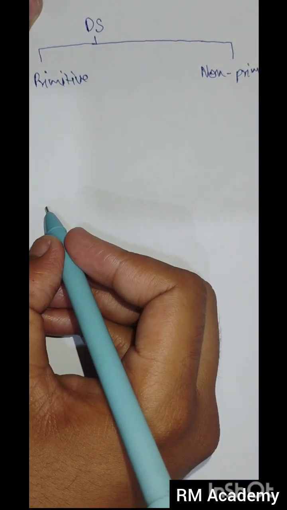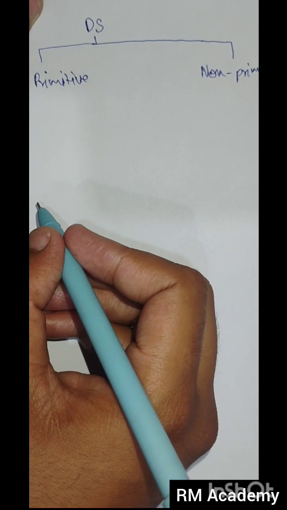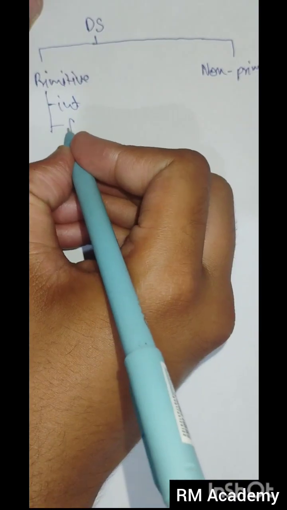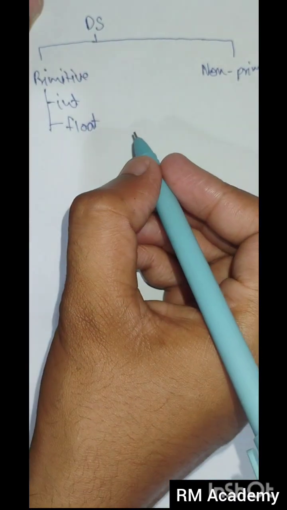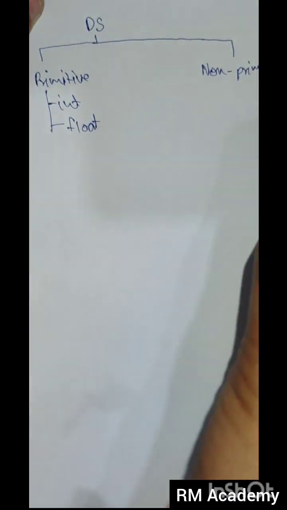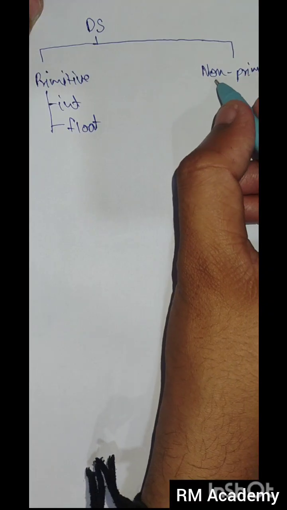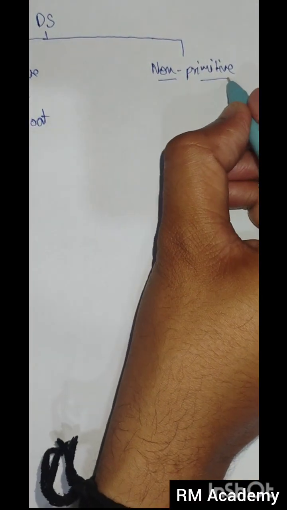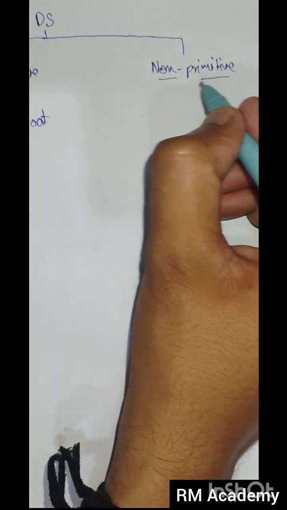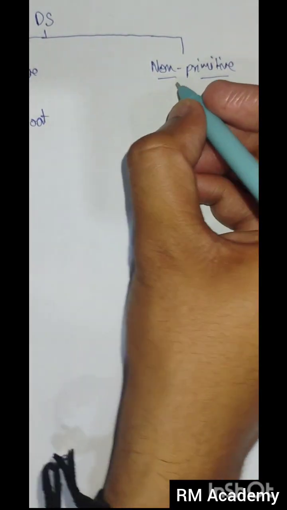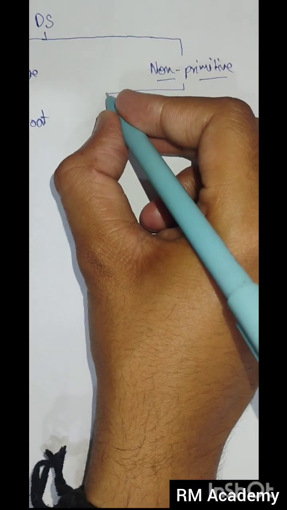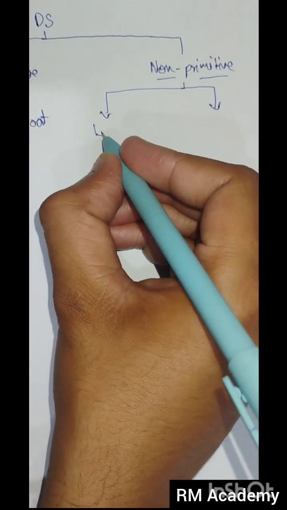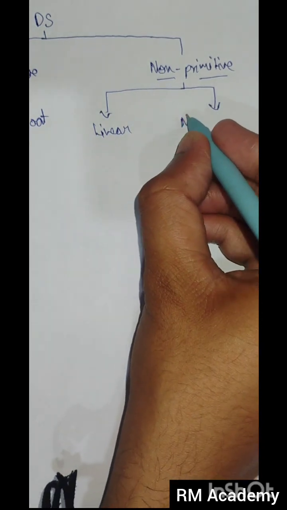In primitive, basic data types are provided by programming languages like int, float, etc. On the other hand, non-primitive data structure is nothing but data derived from primitive data structure only. There are two types of non-primitive data structure: linear, non-linear.